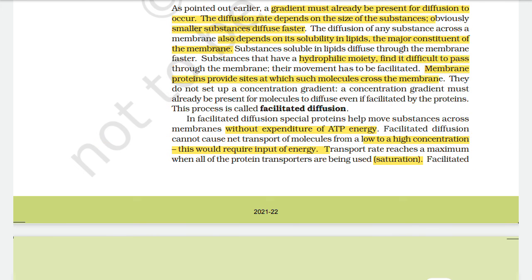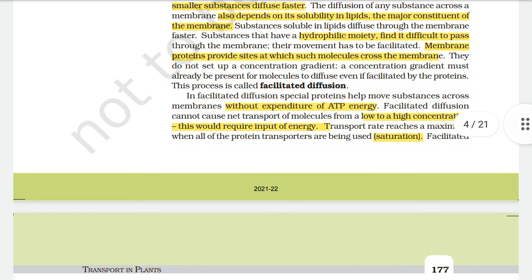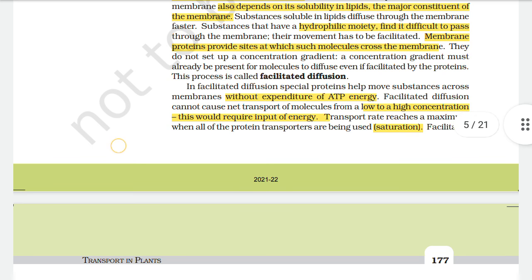If the substance is soluble in lipid, then it will diffuse faster. But in case of hydrophilic moiety, means the substances which are insoluble in lipids, they will be hydrophilic, of course. Hydrophilic means water loving, so it will be difficult for them to pass through the membrane.